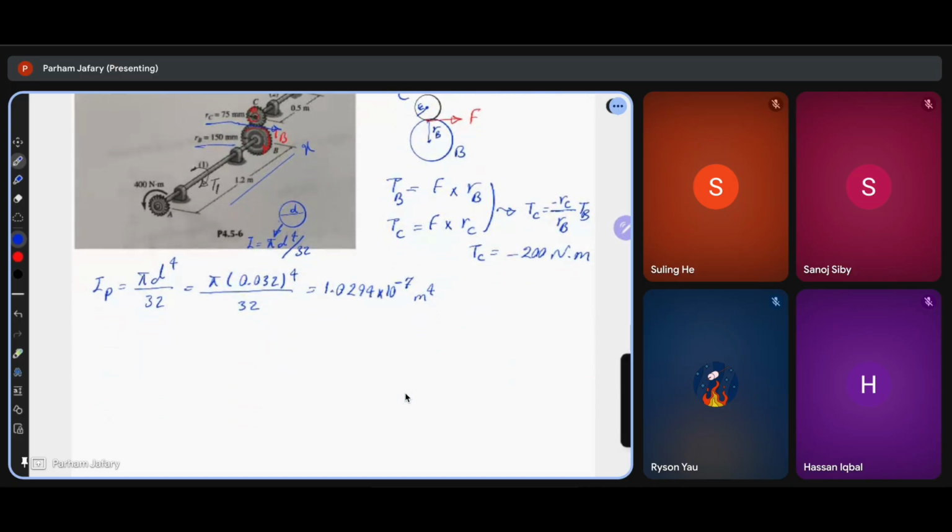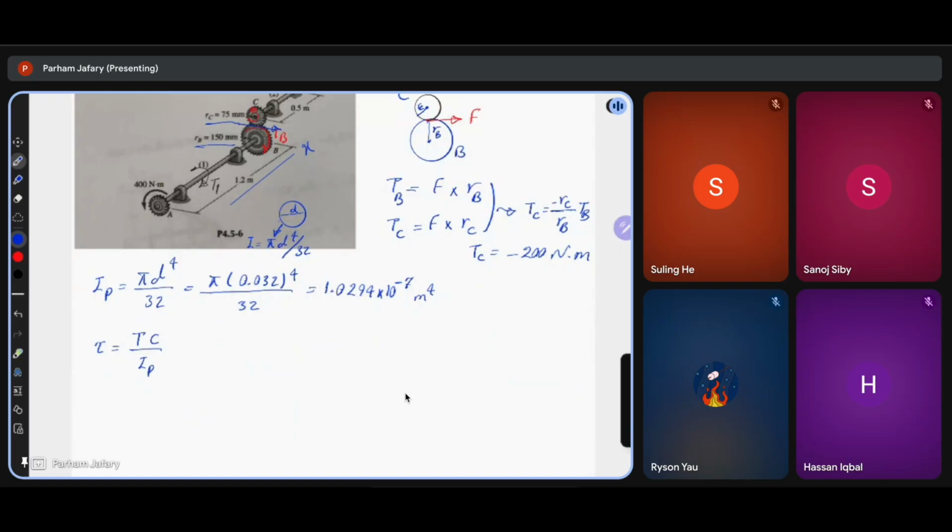Now, the shear stress is the torque times the maximum distance from the center of the shaft divided by the polar moment of inertia.